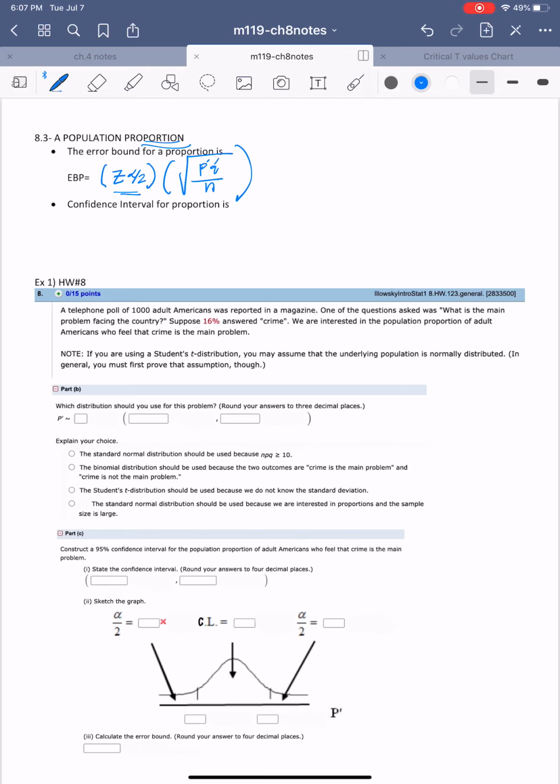So we have a population proportion as a normal distribution. The student t distribution is only when sigma is unknown and dealing with the mean. To build a confidence interval, it will be p hat, the sample value, minus EBP, and then p hat plus EBP. Okay.